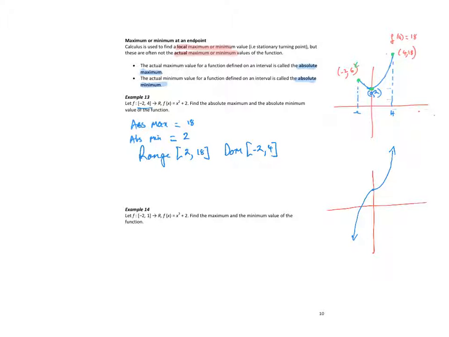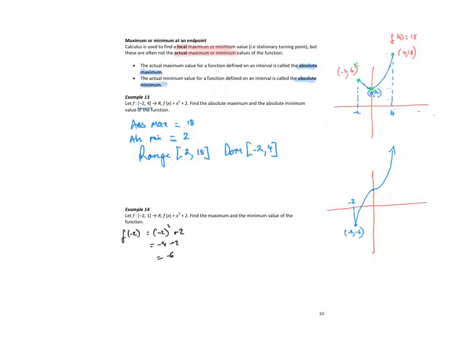So let's work out f of -2. -2 cubed plus 2, which is -8 plus 2, which equals -6. So maybe let's restrict our graph, say there. So there's -2, and that's the point (-2, -6). The other point is at x equal to 1.